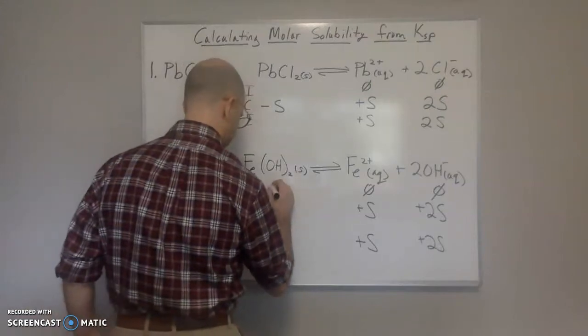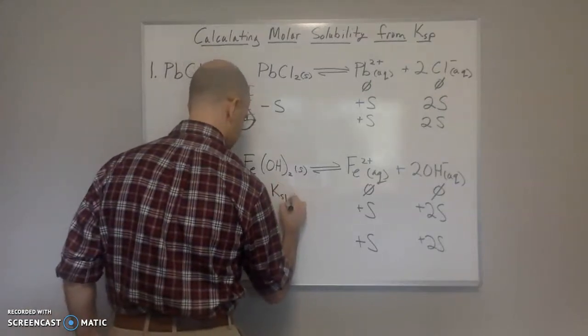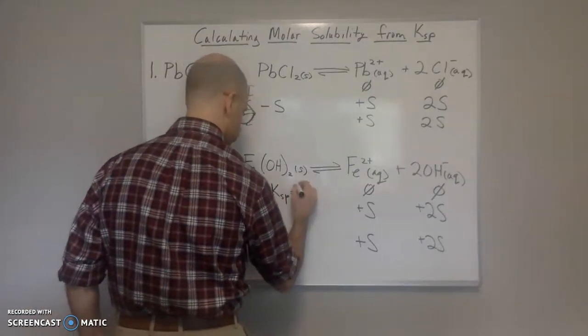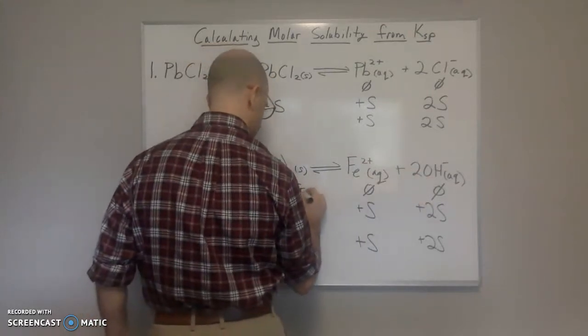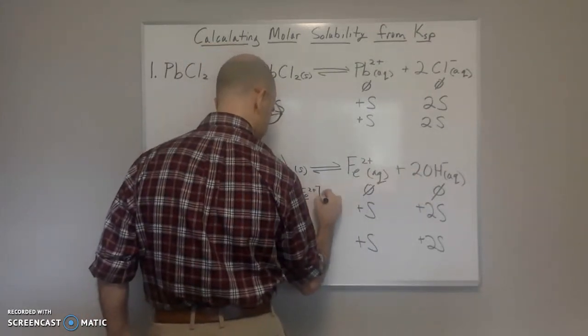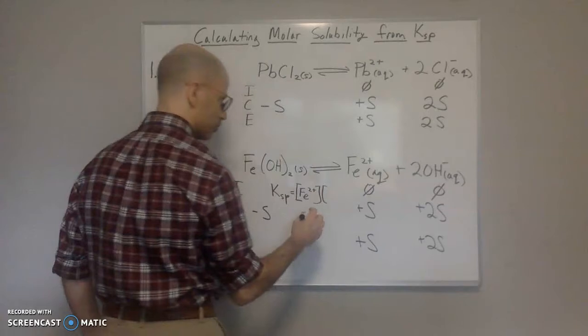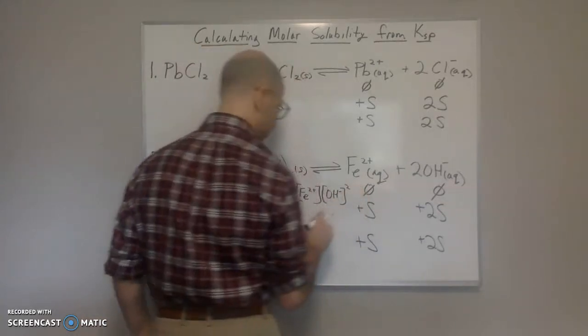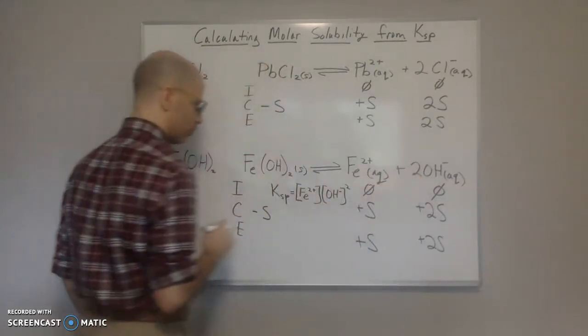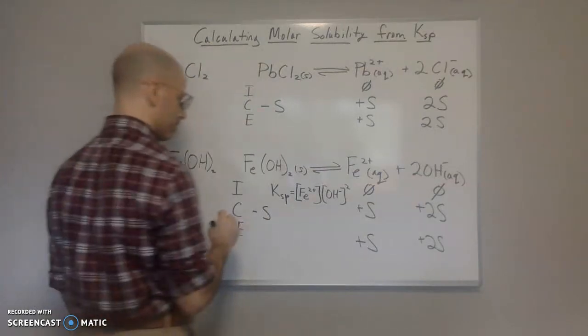So we'll say the Ksp is equal to, again, the concentrations of these two. So iron 2 plus times the concentration of OH minus raised to the second power because of the 2 there for the coefficient.